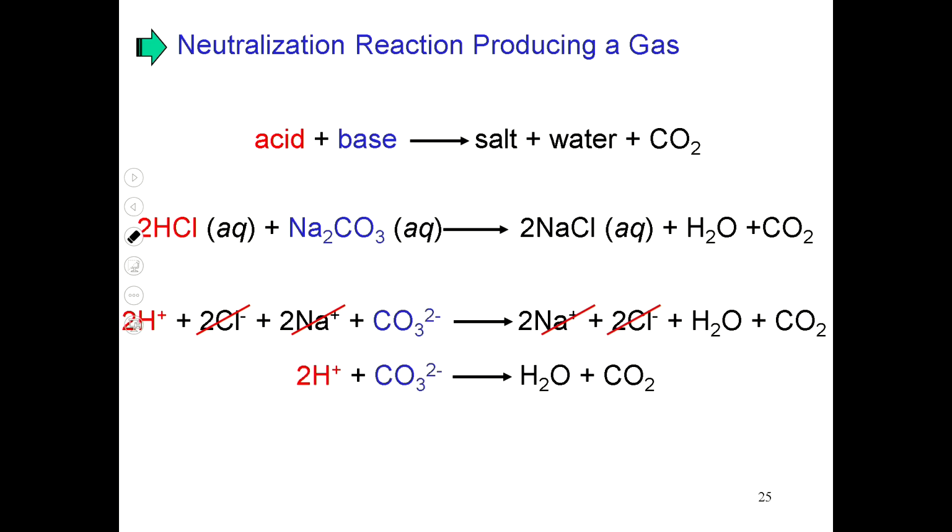So the net ionic equation should be written like this. You should keep the gas molecule here. So from here we can see when we use different acids and bases, their net ionic equations may be different.